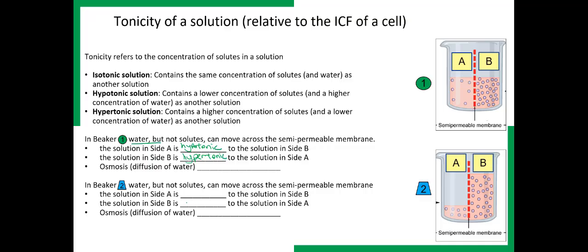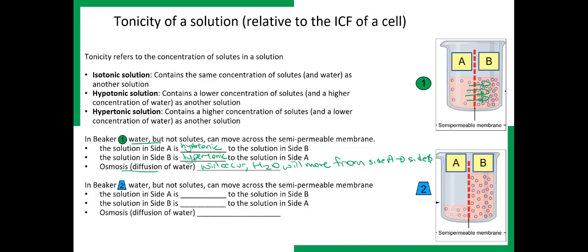If water is the only thing that can move, from a higher concentration of water to a lower one, osmosis will occur, and water will move from side A to side B. So water will move that way, not the solutes.